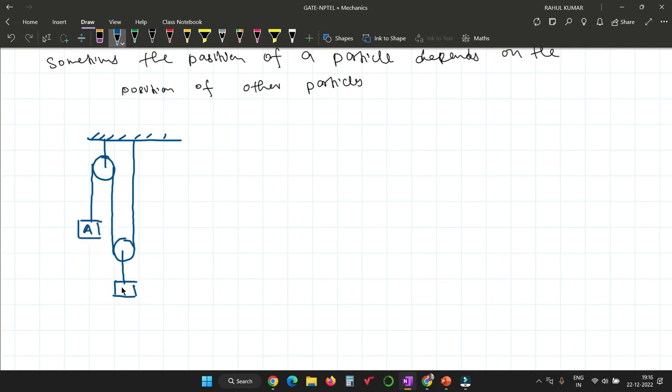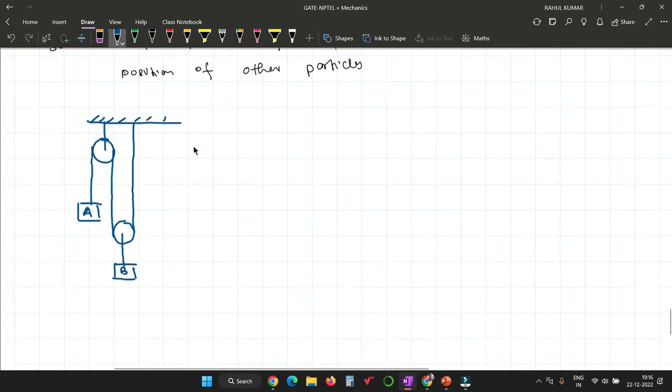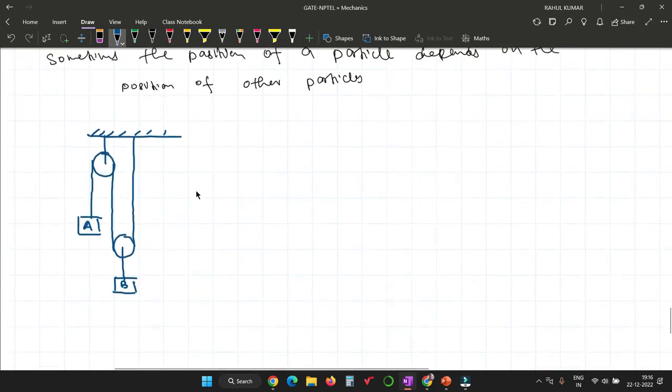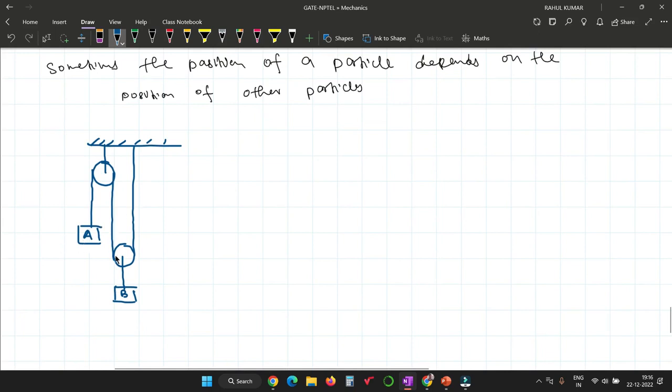Okay, so here mass A and mass B, and I want to see the relative position between A and B, and also the relative velocity and relative acceleration.